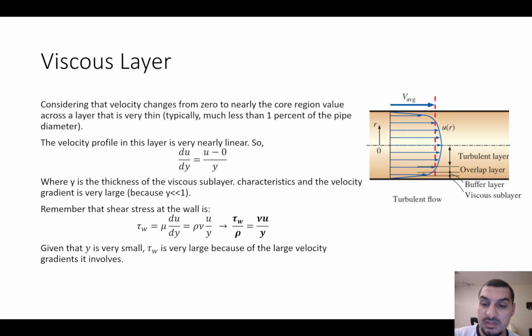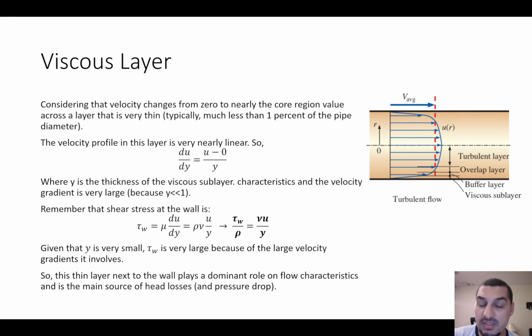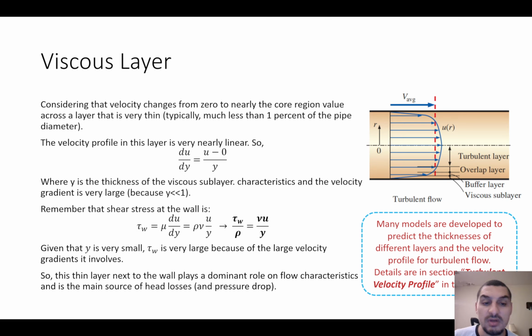This is the message that we have to take from this: the shear stress at the wall, and consequently the energy losses in case of turbulent flow, would be larger than those in case of laminar flow.